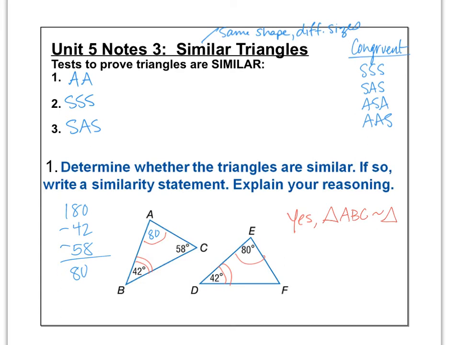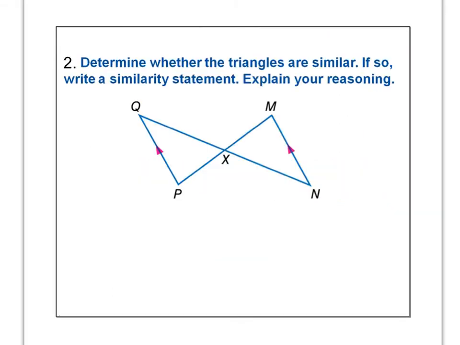A matches with E, B matches with D, and that leaves F. So triangle EDF by angle, angle. That is our answer. Remember, our 3 choices for checking if a triangle is similar to another are angle, angle; side, side, side; and side, angle, side.